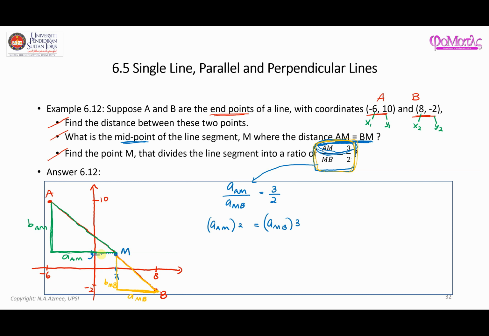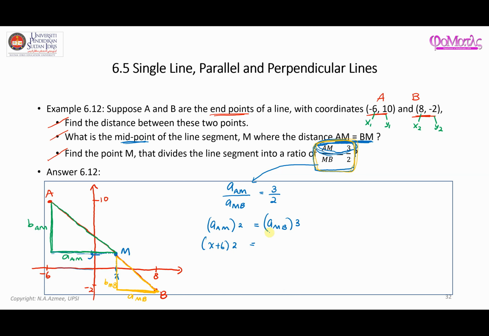If you look at this length, this is what you're looking to find, the length of A for AM. It can be obtained by having X. So this is the length of A for AM. It can be obtained by having X minus negative 6. So X minus negative 6 will be X plus 6.